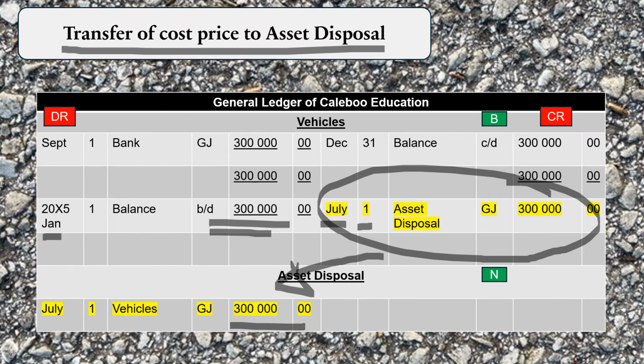And in this case here, we actually don't have any vehicles on our books because we only had one vehicle. But sometimes you can have 10 and there still would be a balance to the vehicles account. But we're looking at this one vehicle that was bought and sold. So the cost price is transferred to asset disposal.